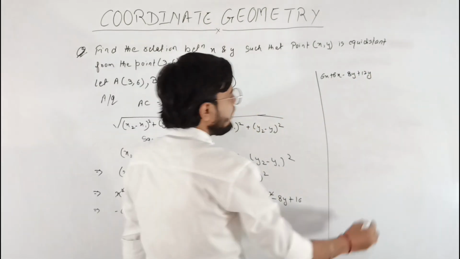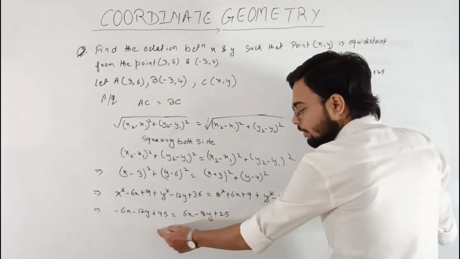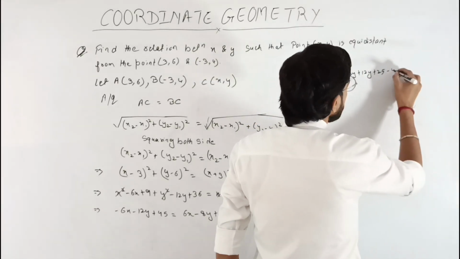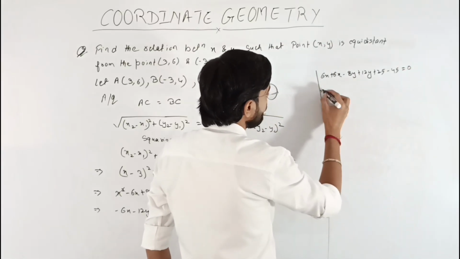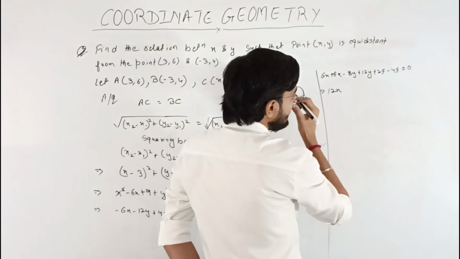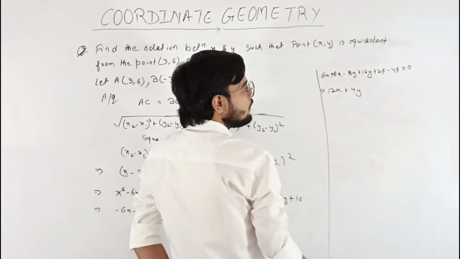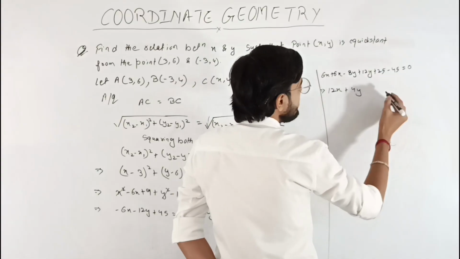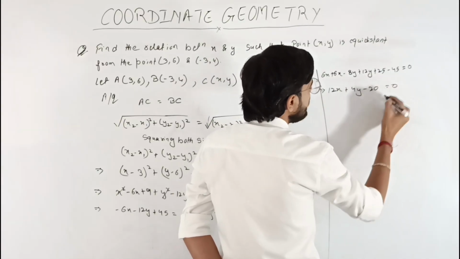Now this is plus 25, and this 45 goes this side, then this will become minus 45 is equal to 0. Now solve this. 6 plus 6 is 12x. Now 12 minus 8 is 4y. 25 minus 45 is minus 20 is equal to 0.